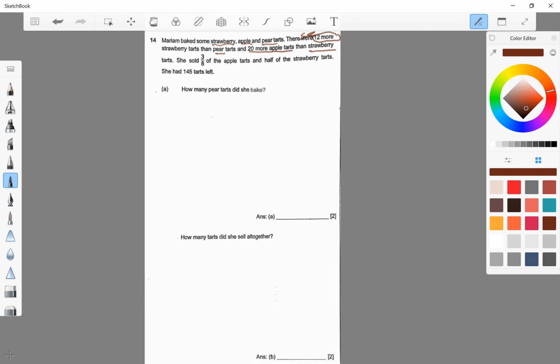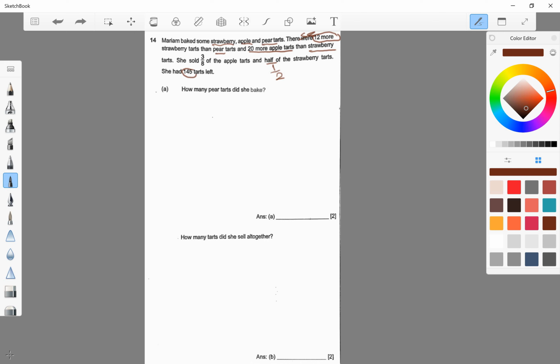And it's mentioned that she sold 3 out of 8 of the apple tarts and half of the strawberry tarts. And eventually, she had 145 tarts left.